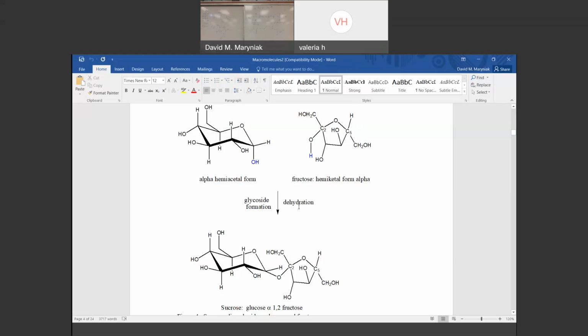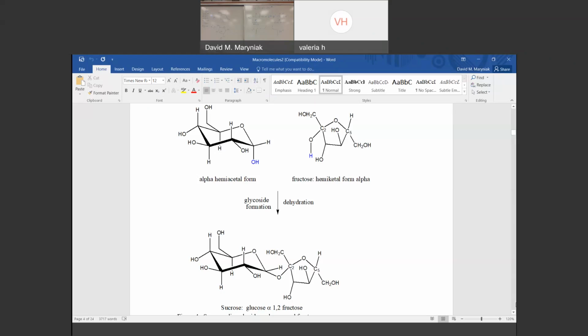And when we dehydrate them, what are we going to remove? We're going to remove OH and H. And when we do so from between two molecules, we would call that a condensation. And then do we get this new molecule, which we're going to call a disaccharide, because we now have two monosaccharides linked together.